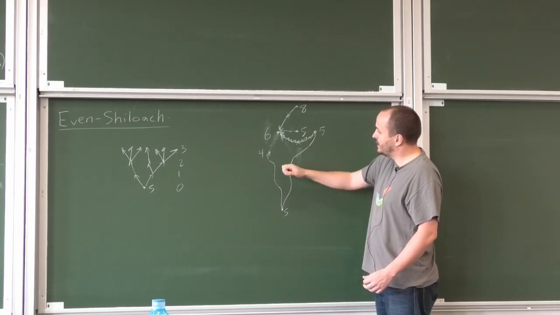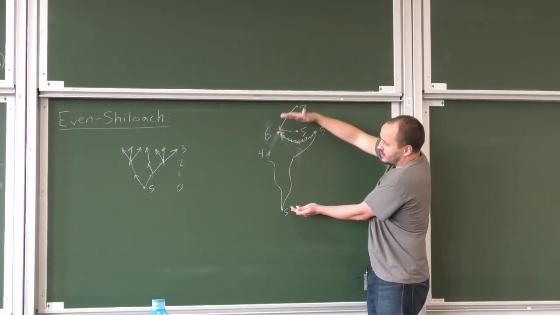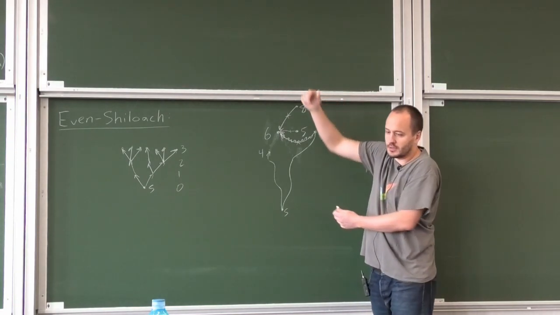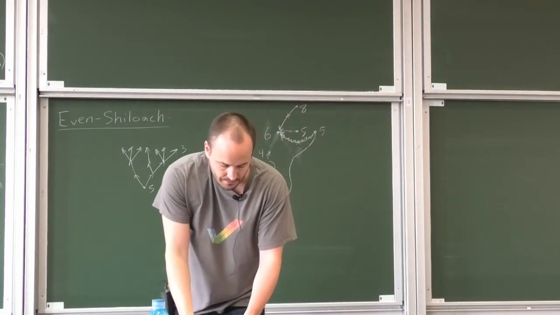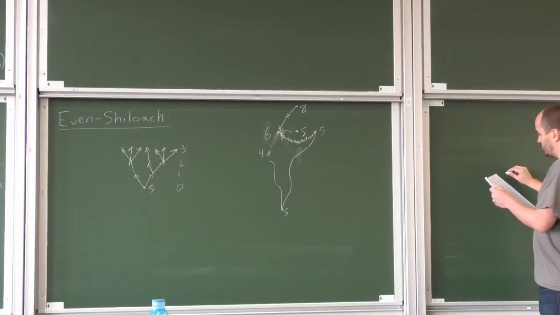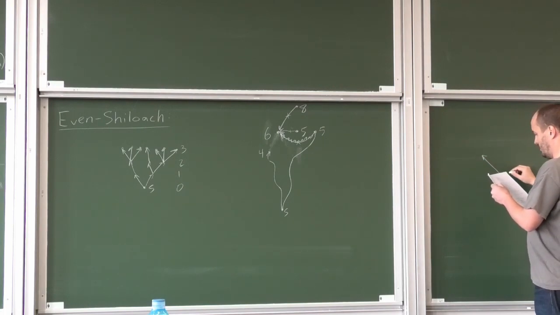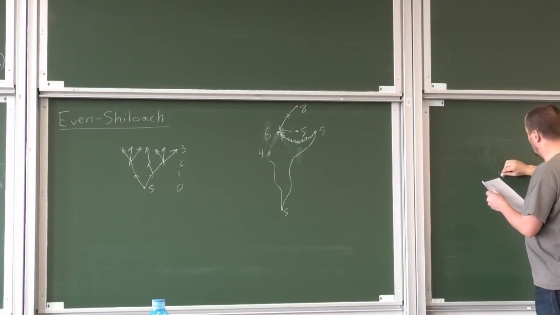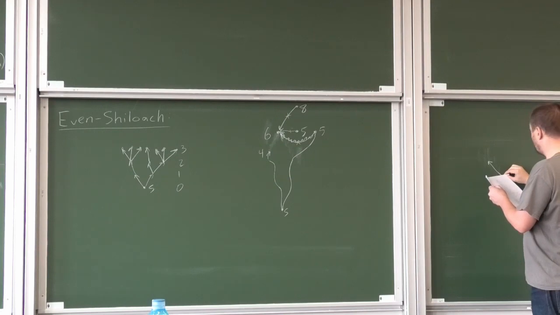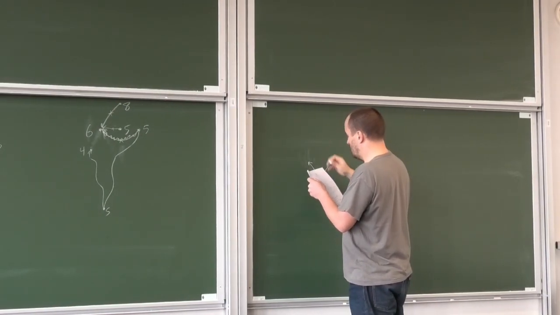Basically, whenever we delete an edge, we try to fix the distances from the smallest distance from S to larger and larger distances. So maybe let's take a bigger example, and I want you to try to work on this for a bit. Let's see.